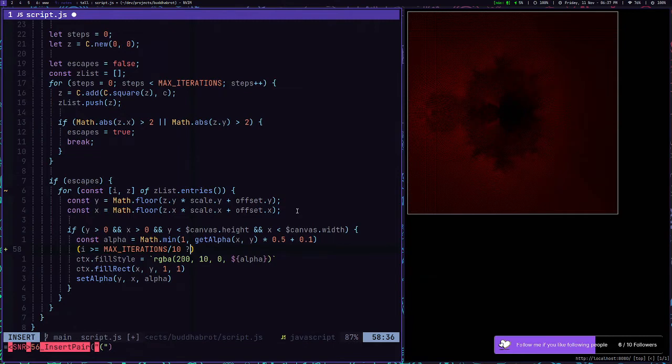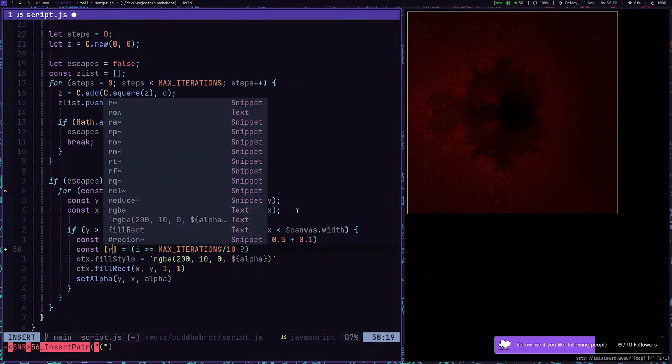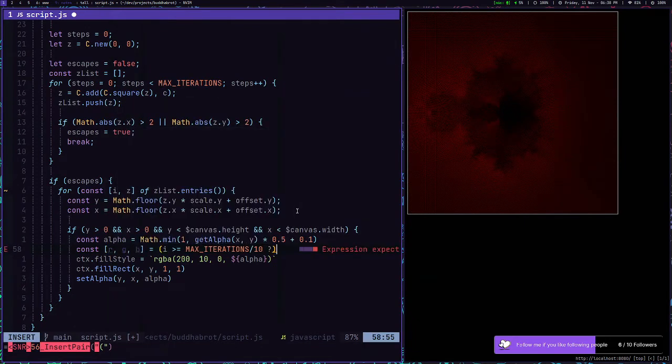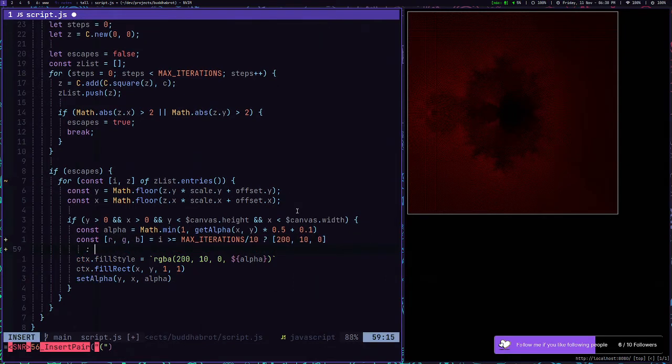Wow, who would have thought? Let's see. Let's just do R, G, B. Let's do R as 200 and 0 the way it was. Let's remove that. Else if I is greater than or equal to max iterations by 20. By 10 is too much actually.